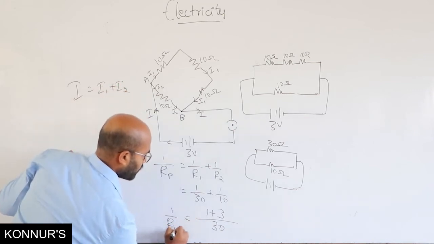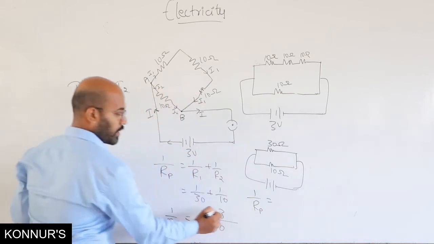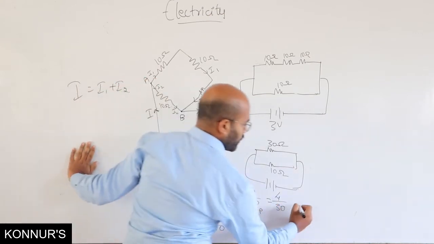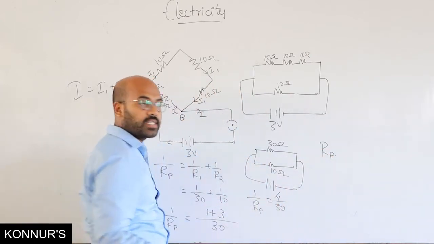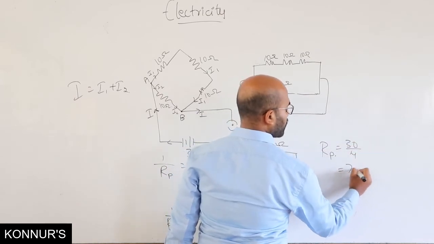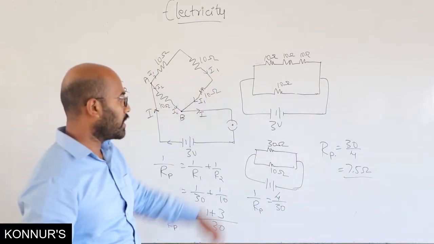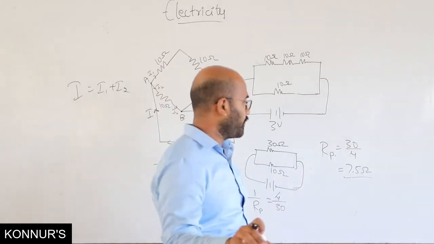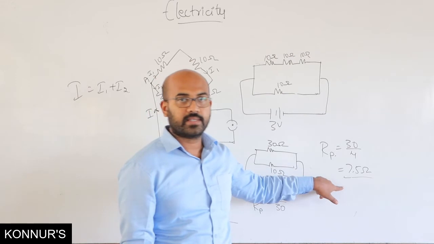So 1 by Rp is equal to 1 plus 3, 4, that is 4 by 30. If I want the value of Rp, I need to take the reciprocal. Rp is equal to 30 by 4, it is 7.5 ohm. So I know the value of Rp, that is the parallel resistance.